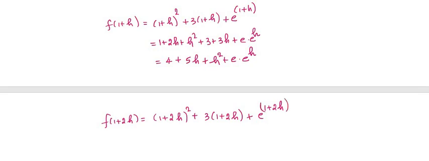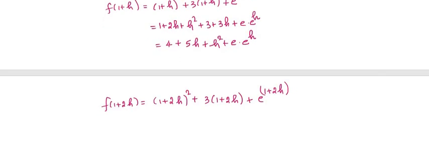Wherever we have x, I have replaced x by 1 plus 2h. Now I expand this: 1 plus 4h plus 2 square h square, written in the same form, plus 3 plus 6h, plus e into e power 2h.